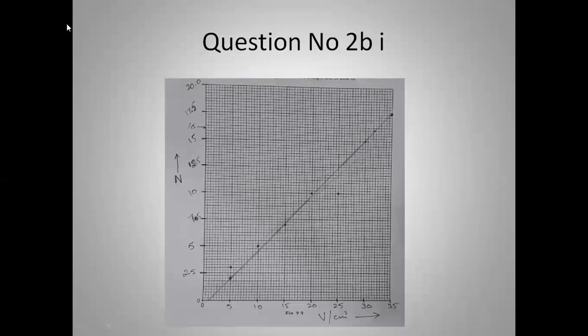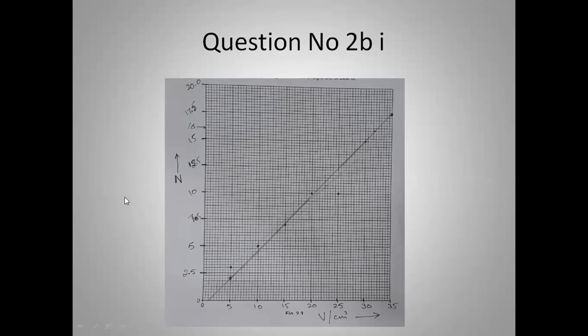Okay, so you can see first of all what I have done here. V, the volume of the water, is represented on the x-axis: 5, 10, 15, 20, 25, 30, 35. Here the number of towels is represented: 5, 10, 15, and 20, so this will be 2.5, this 7.5, that's 12.5, that's 17.5.